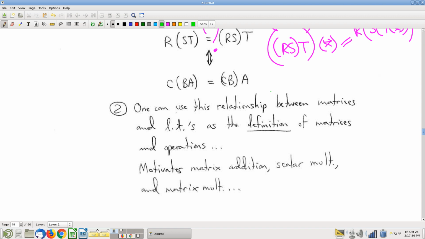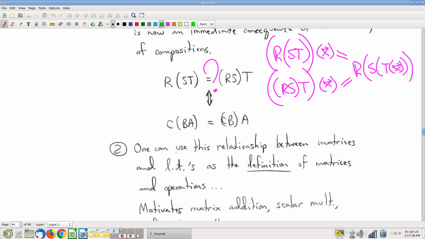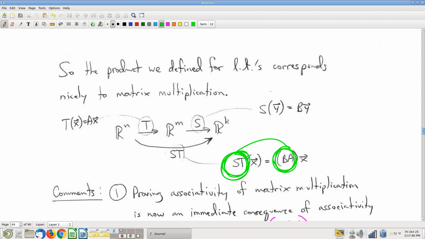We can now give a motivation for that formula. Why do we define matrix multiplication in the way that we do? What's the motivation for that being what it is? Really simple answer. We define matrix multiplication as we do so that it will correspond to composing functions. Right? And this is unavoidably natural.